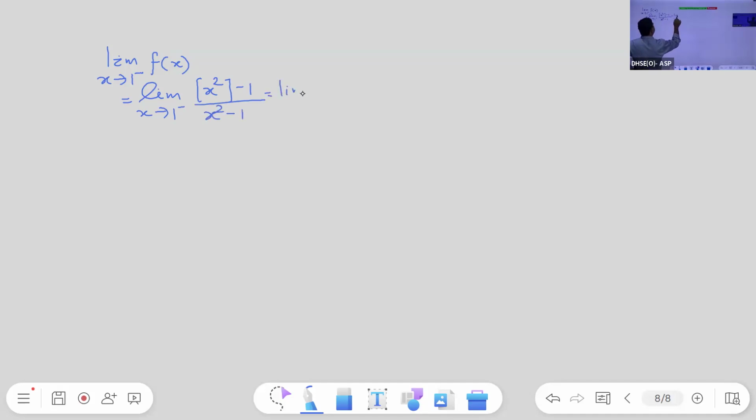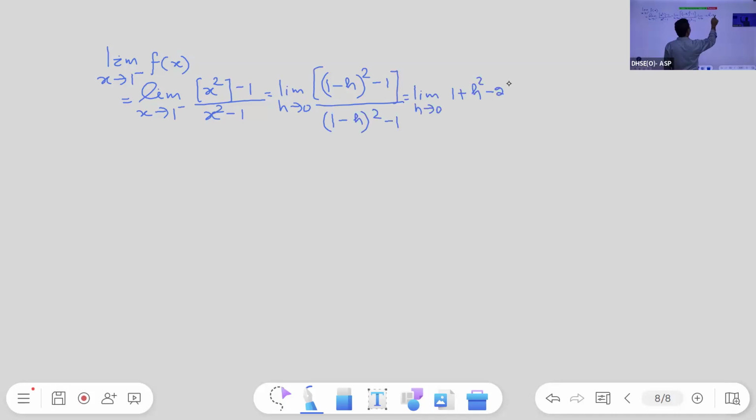This is equal to limit extending towards 0 of bracket 1 minus h whole square minus 1 upon 1 minus h whole square minus 1. Now apply the a minus b whole square formula. This is equal to limit extending towards 0 of bracket 1 plus h square minus 2h minus 1 upon 1 minus h whole square minus 1. Okay, so consider this one as bracket x plus 1.